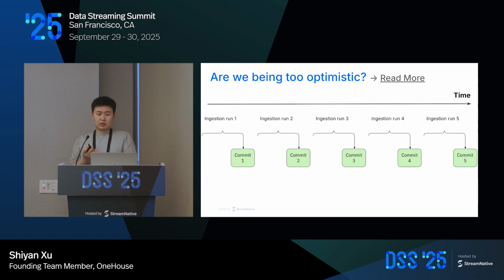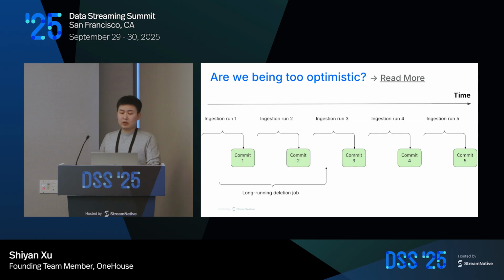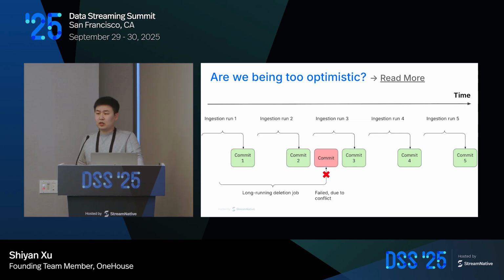Actually, OCC was designed for append-only workloads, but it is not suitable for streaming and handling changes. OCC optimistically assumes contention never happens, but in reality, it happens quite often. So when it happens, there are consequences.